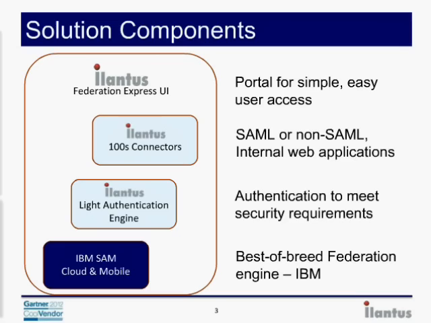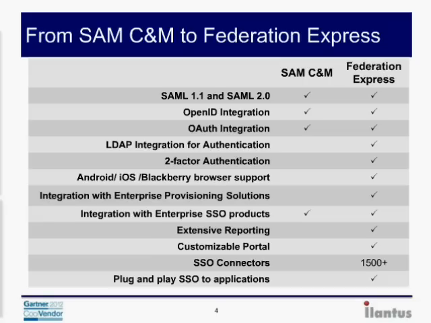This is wrapped by a user interface that is clean, easy to navigate for both the administrators as well as the end user population. Here we have a demonstration of the increased functionality that comes from the Federation Express offering.